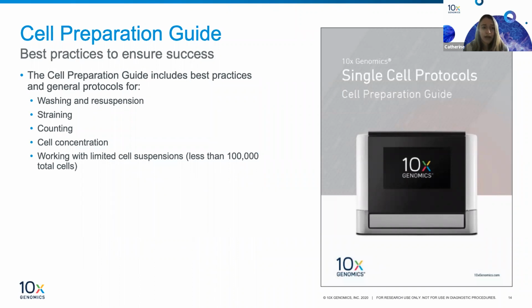This is a really great place to start if you're new to single cell assays, because it gives a very brief overview and general protocols for key things required for good 10x Genomics Single Cell sample preparation. This includes washing and resuspending your cells, straining, counting, determining your cell concentration, and working with limited cell suspensions.